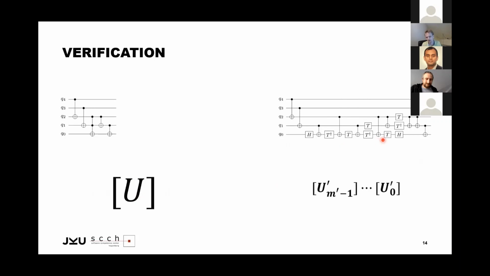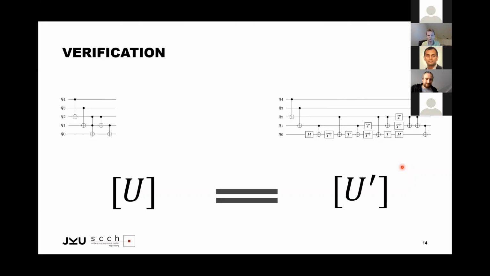You do the same with the other circuit, and if both matrices are basically the same, you have proven that both of your circuits are functionally equivalent as well. The problem here, again, is that those matrices are exponentially large, so this is a complex problem. And here design automation can help as well.